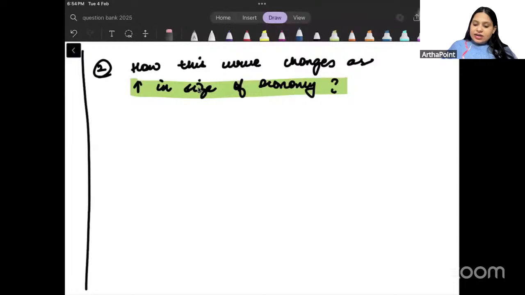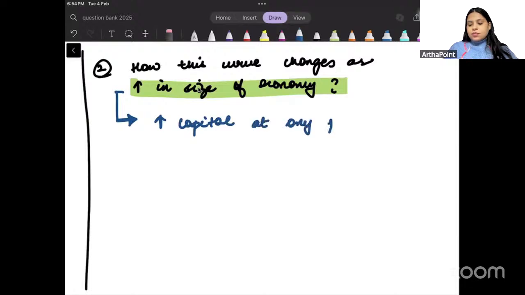अब बेटा अगर इकोनॉमी का साइज इंक्रीज हो रहा है, if the size of the economy is increasing, तो इसका क्या मतलब है? That we will require more capital at any point of time for production.